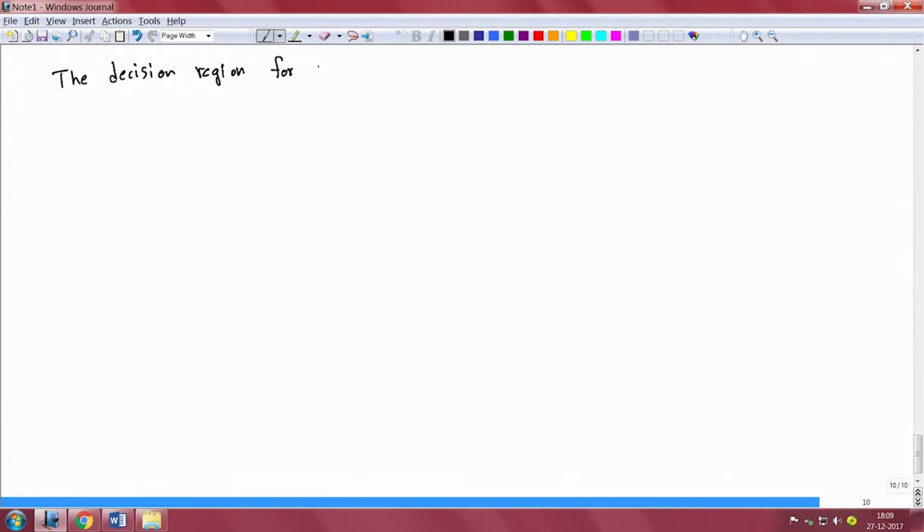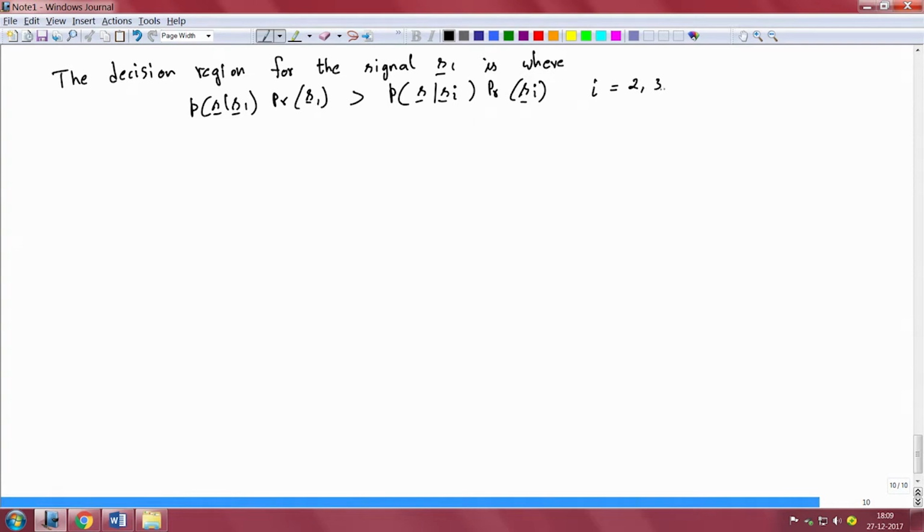The decision region for a particular signal, let us pick S1, is where the probability that we have written down earlier times the probability of S1 is greater than the same quantity for any other signal Si, for all i equal to 2, 3 and 4.